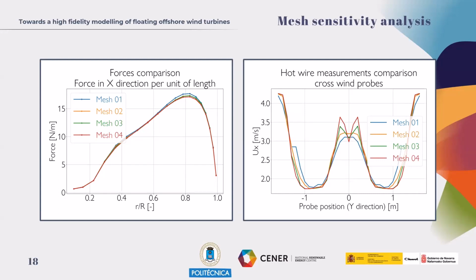We see that when we refine the mesh, we obtain the convergence of the load distribution, and we can also visualize how it affects the representation of the vortex that are shed from the root and the hub of the wind turbine.